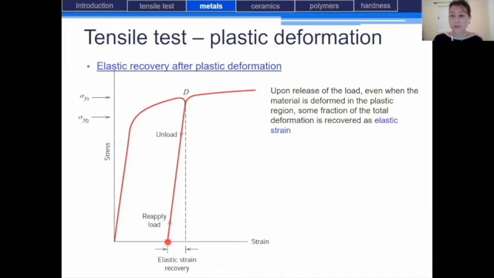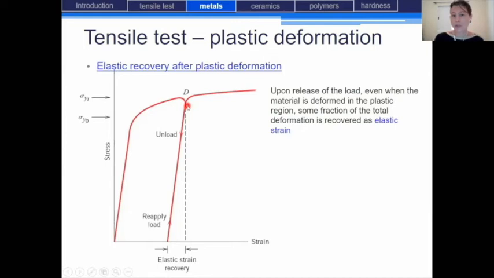So it is due to the fact that even in its plastic deformation, the sample has elastic strain, and so it can recover it. At this point, if we apply again a load on the sample, it will follow this straight line up to point D.